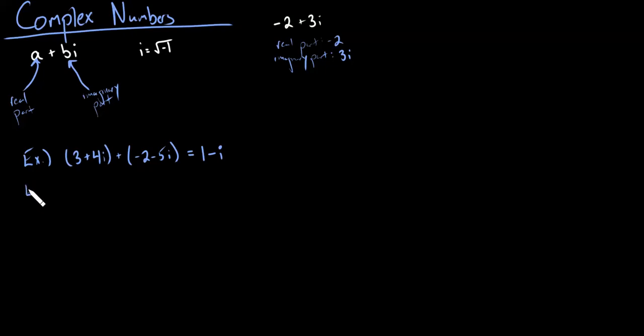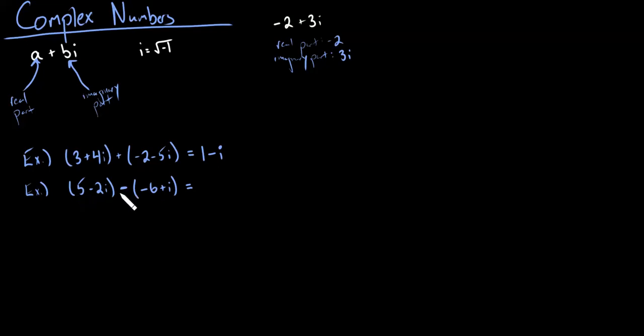Now, subtracting is also fairly straightforward. So let's say we had something like 5 minus 2i minus, let's say negative 6 plus i. Okay, so in this case, we're still going to essentially be combining like terms, so combining real parts and combining imaginary parts, except we're going to be subtracting them.